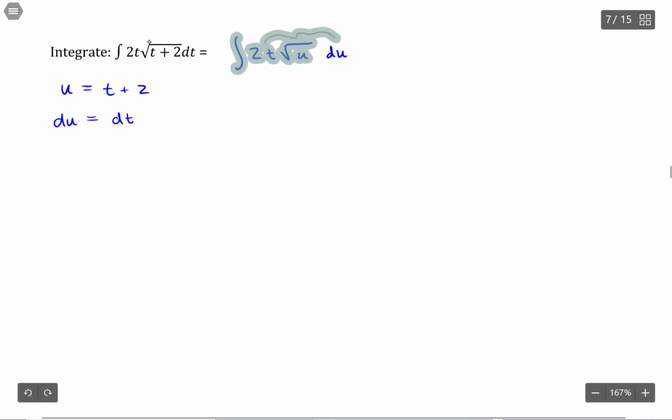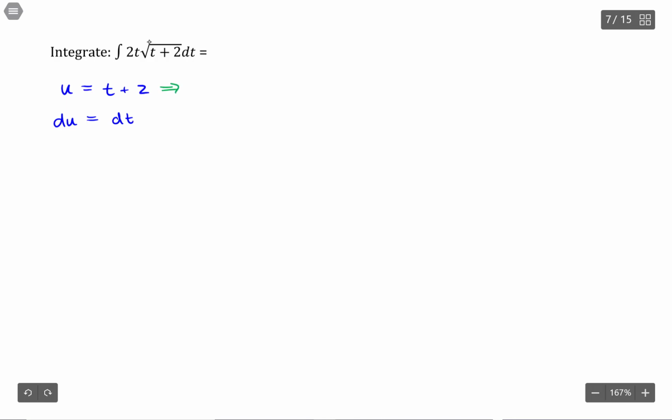Now here's the thing. This is a process called back substitution. So what happens in back substitution is you take this function here and you find the inverse of this function. And what that means is just solve the function for the other variable. And that's relatively simple in this case.